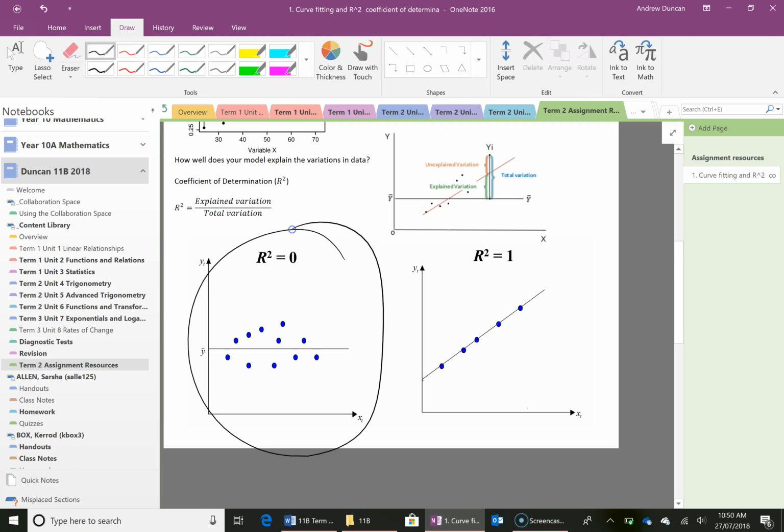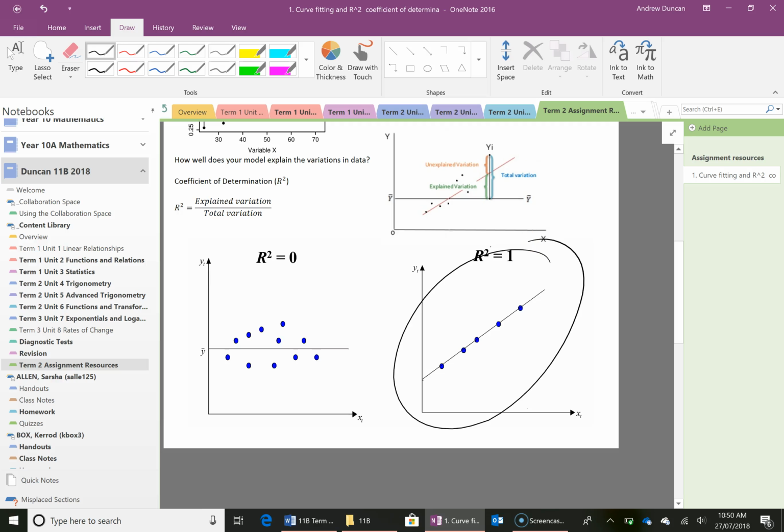So you'll see in this one, it's just sort of random through the data. It doesn't really show any relationship at all. But in this one, the line perfectly fits the data, so we get an R-squared value of 1. If I get an R-squared value of greater than 0.9, I'm pretty happy with that model. I'm satisfied that it's a reasonable way of describing that variation in data.